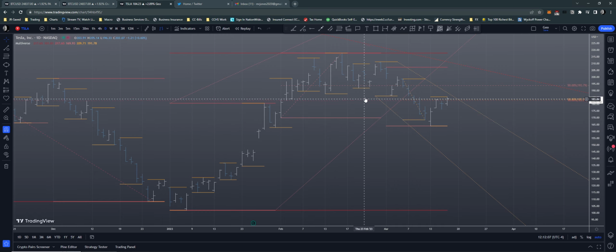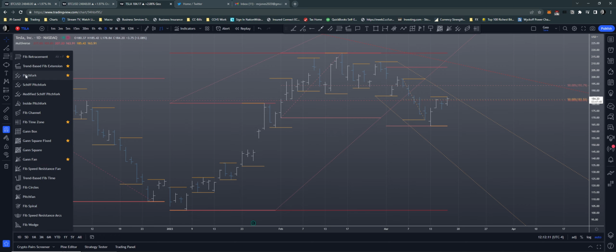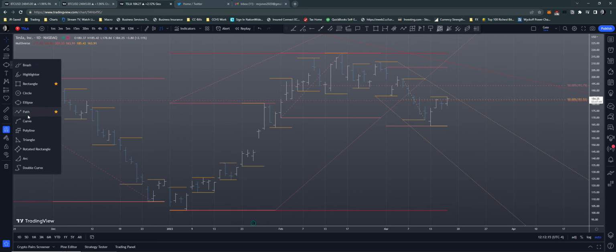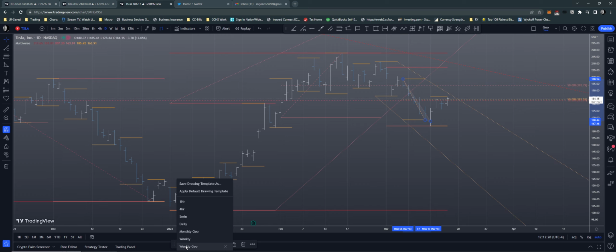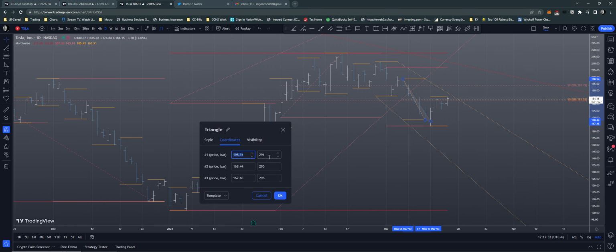Now, another method that he incorporated with this was determining projections for likely price action based on the previous, in this case we're doing the weekly, and the opening price. So this one will be a weekly geometric projection, as it were.